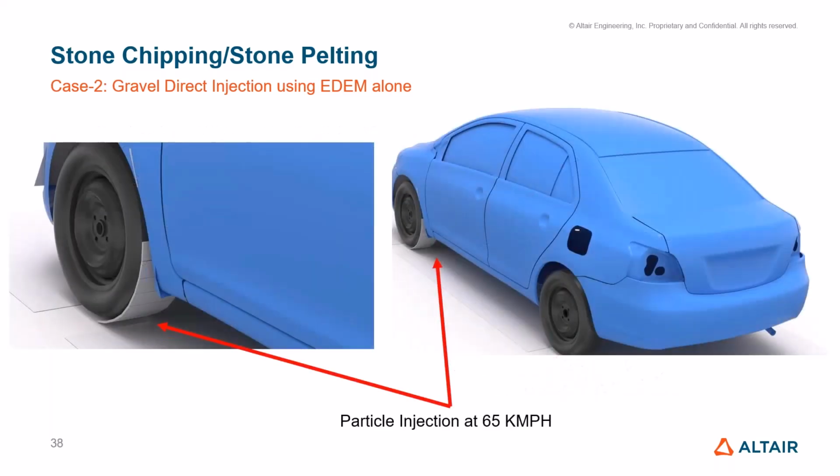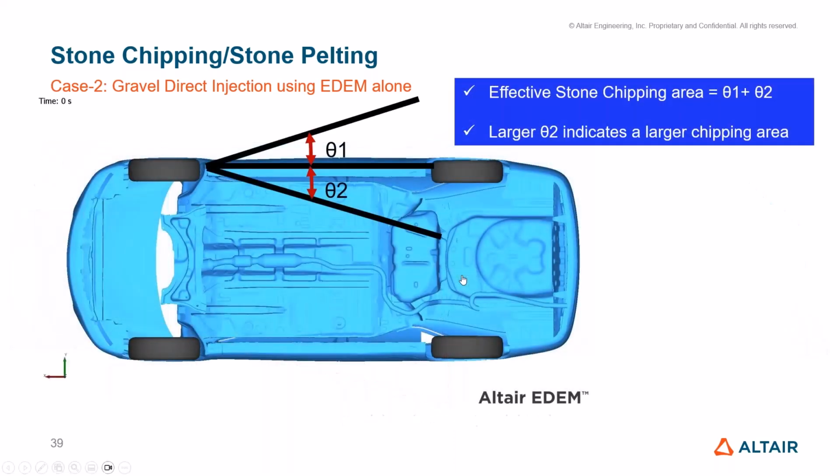So this is one of the studies where the particle injection, you can see the gravel is injected with a known velocity and trajectory. The material will be hitting the underbody, and then we can study the impact of the gravel, what force is being experienced, and the wear we can also predict.